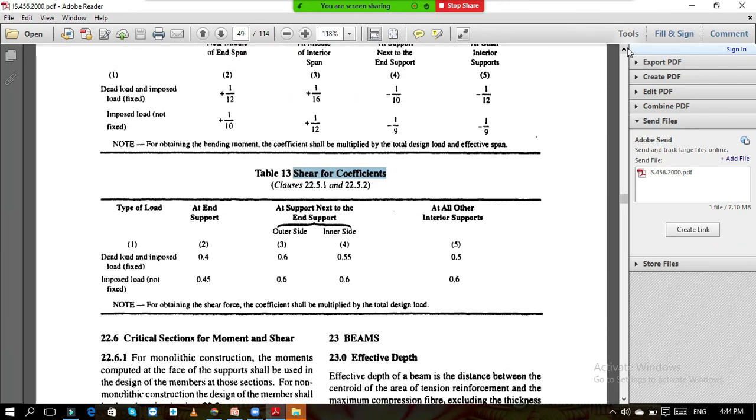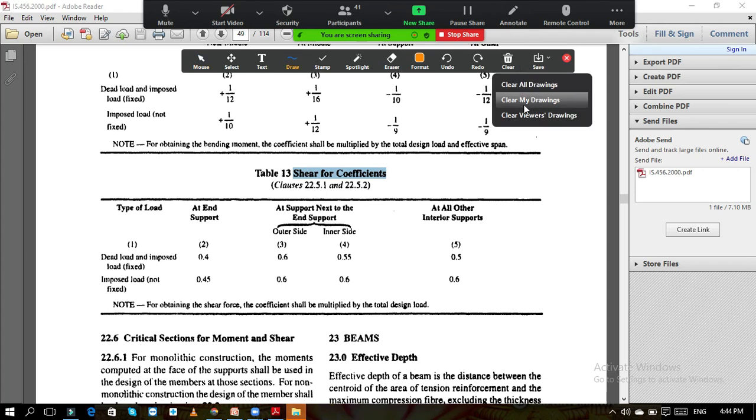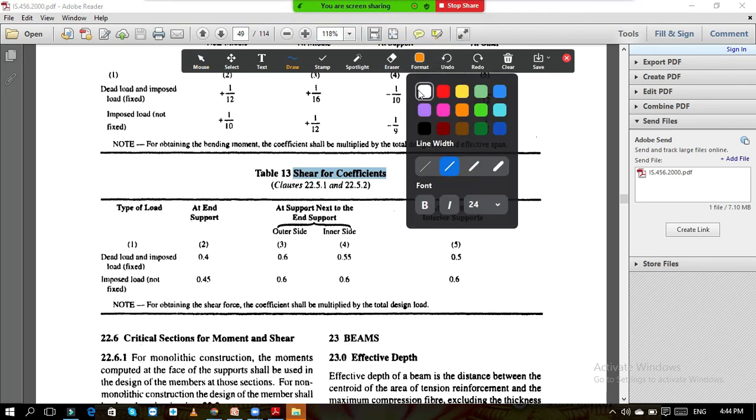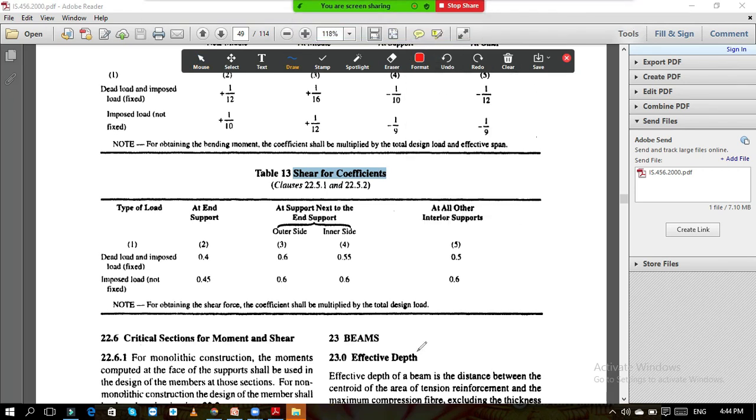Okay, so see here. Previously we have taken these values, these coefficients, and we have calculated the maximum shear force. But if you see, the maximum shear force is at the support next to the end support.